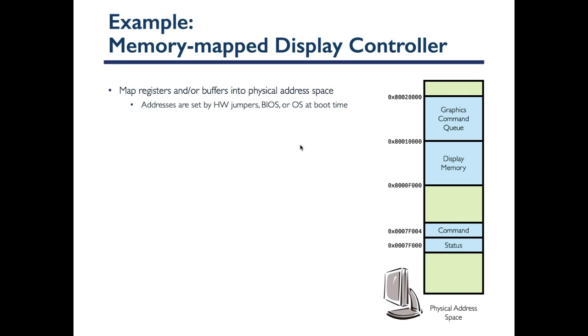Here is an example. Let's say that we have a memory mapped display controller. And let's say that our controller has, just for the sake of an example, two registers, a status register and a command register. It also needs two buffers, a graphics command queue and a display memory.